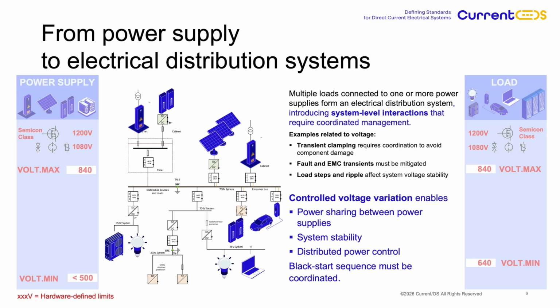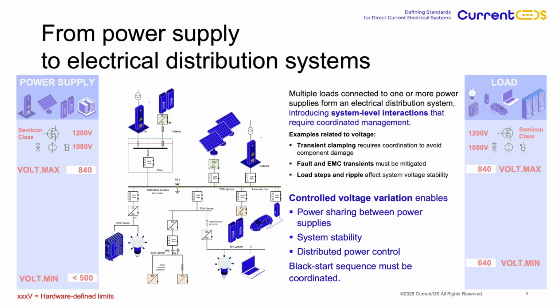First, the clamping threshold voltages of the different products must be coordinated. Because an electrical distribution system is more extensive and more complex than a simple source-to-load architecture, it is more exposed to transients and electromagnetic disturbances that must be absorbed by the clamping systems.